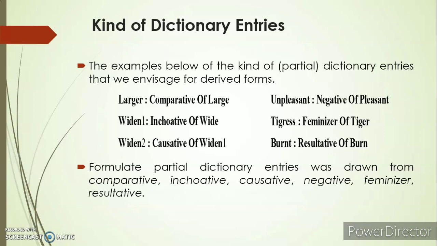Unpleasant is the negative of pleasant. Tigress is the feminizer of tiger. Burnt is the resultative of burn. Formulated partial dictionary entries are drawn from comparative, inchoative, causative, negative, feminizer, and resultative.